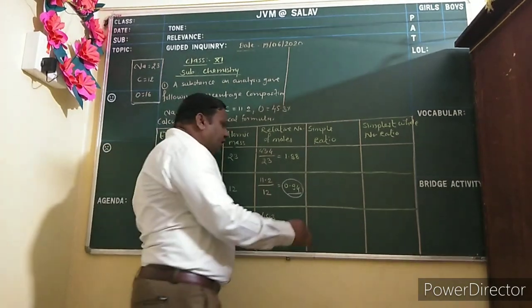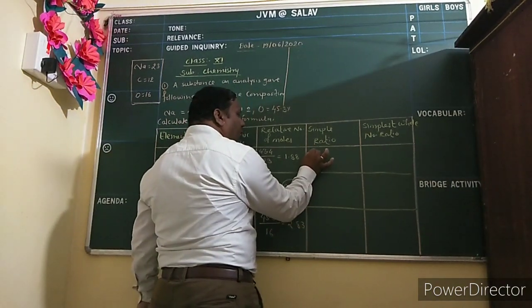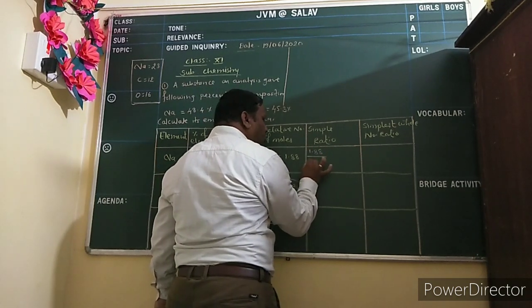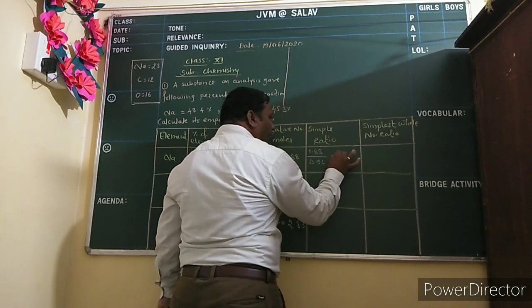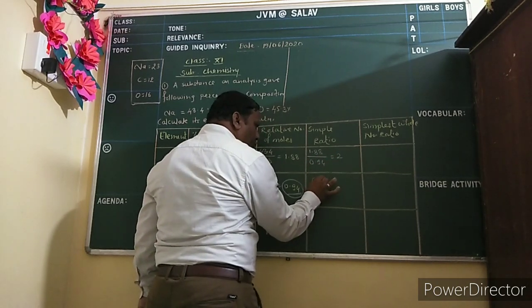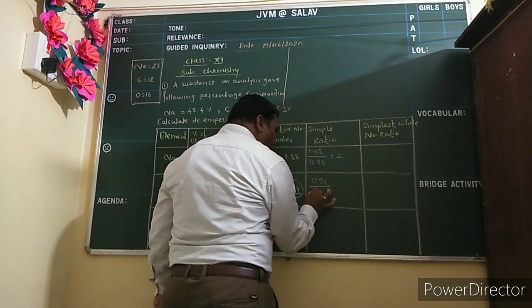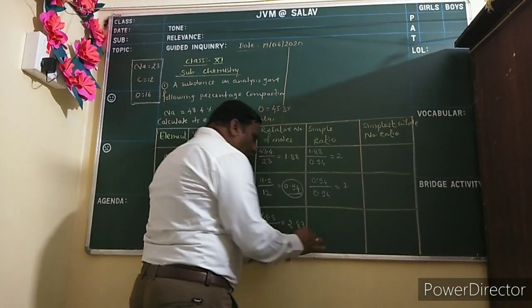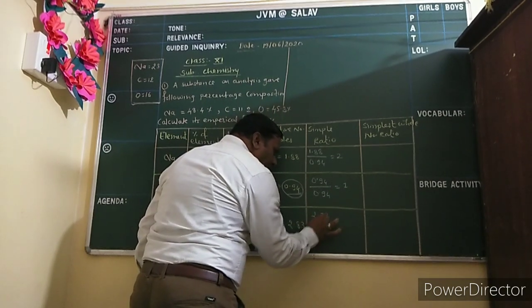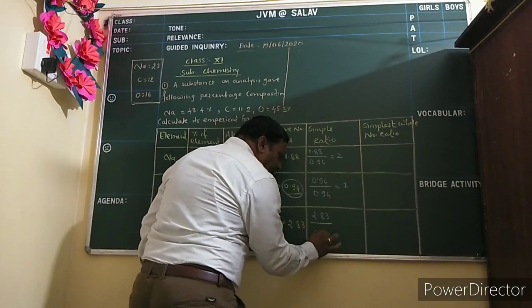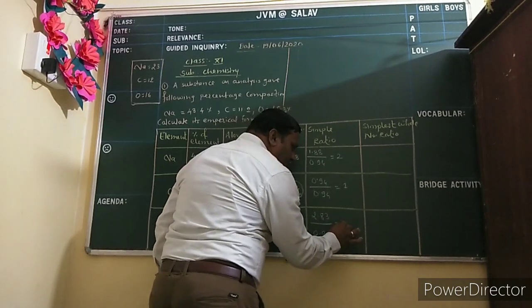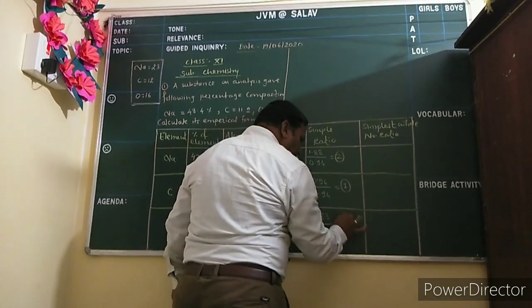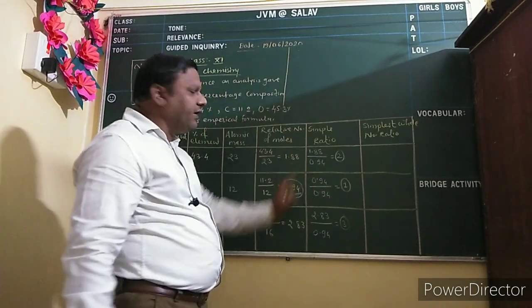Here 1.88 upon 0.94, you will get 2. 0.94 upon 0.94, you will get 1, and here 2.83 upon 0.94 is equal to 3. So these 2, 1 and 3 are the simple ratio.